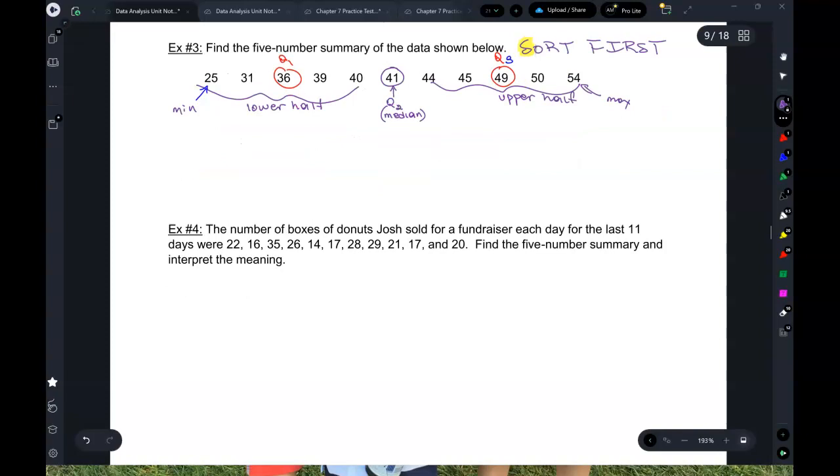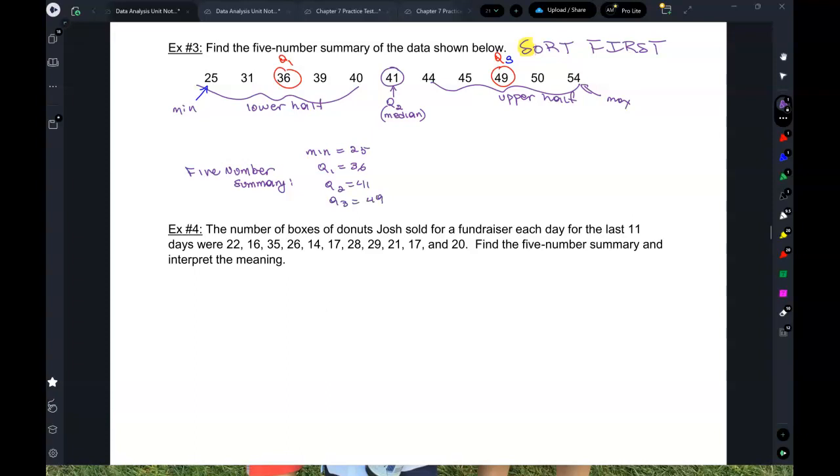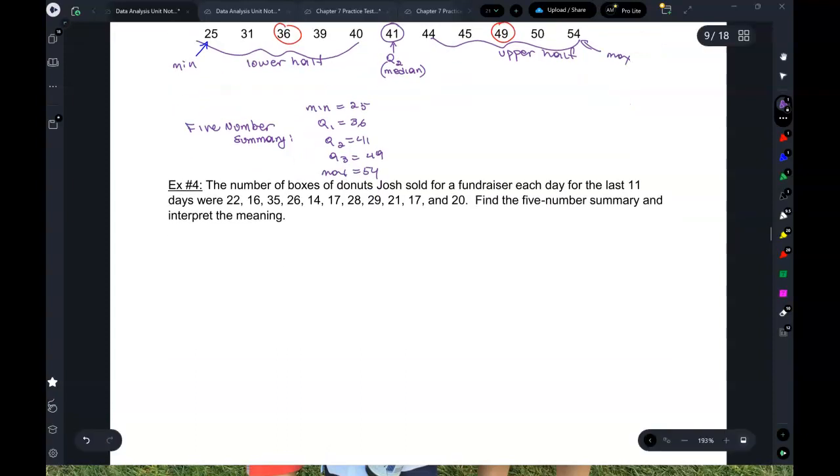So if I want to write my 5-number summary, okay, min is 25, Q1, 36, Q2, 41, Q3, 49, and max, 54. All right? That's the 5-number summary. So when you're asked for the 5-number summary, you have to know which numbers they are. Nobody tells you, oh, by the way, that's Q1, Q2, Q3, whatever.